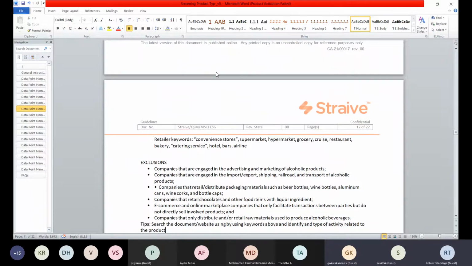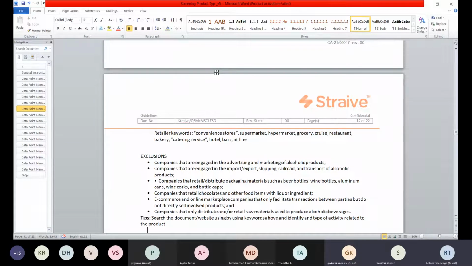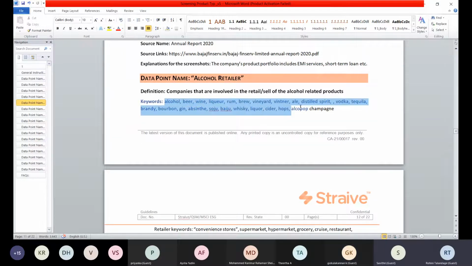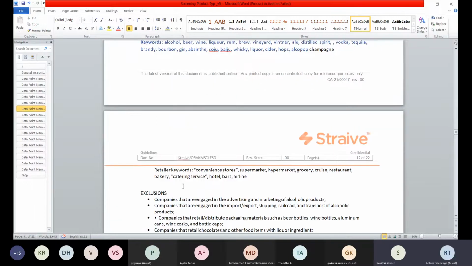But if we have some exclusions, like if any company is making advertisement of the alcohol products, or they are distributing the packaging material for the alcohol producing company or retailing company, like beer bottles, wine bottles, or any cans, then we can mark it as no. And the third case is if you are not getting any hit for any of these keywords, if you are not getting any result in the report, then you have to mark it as not reported.